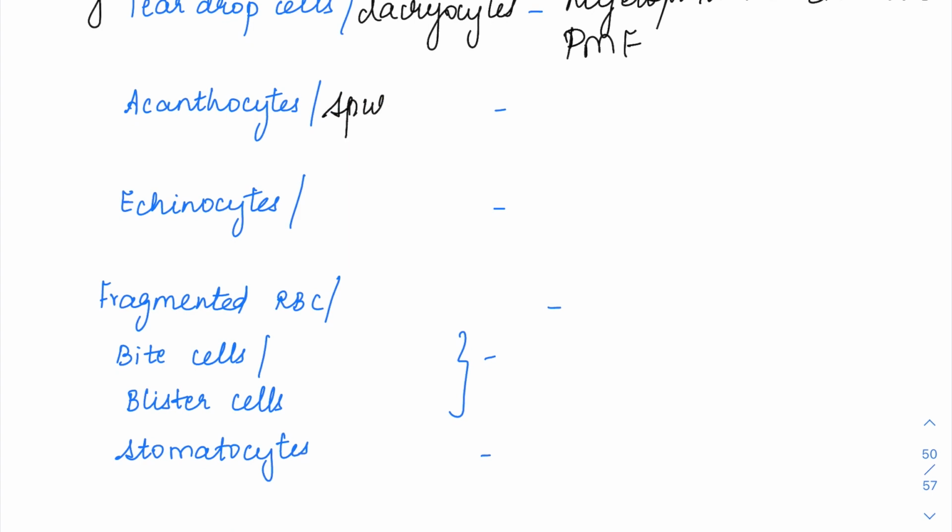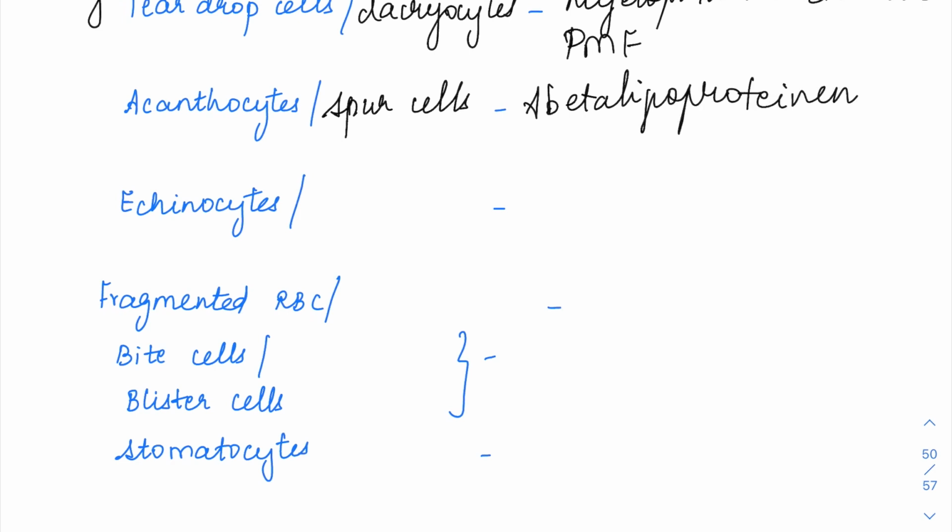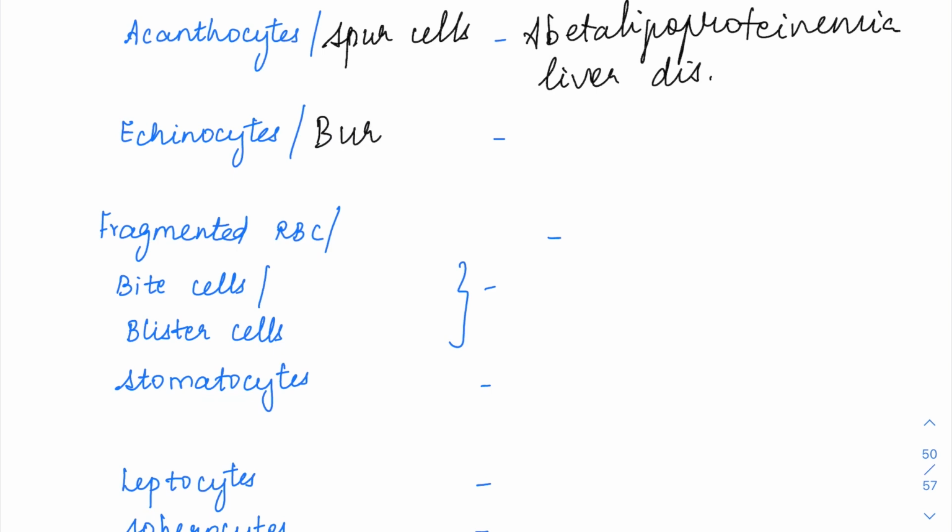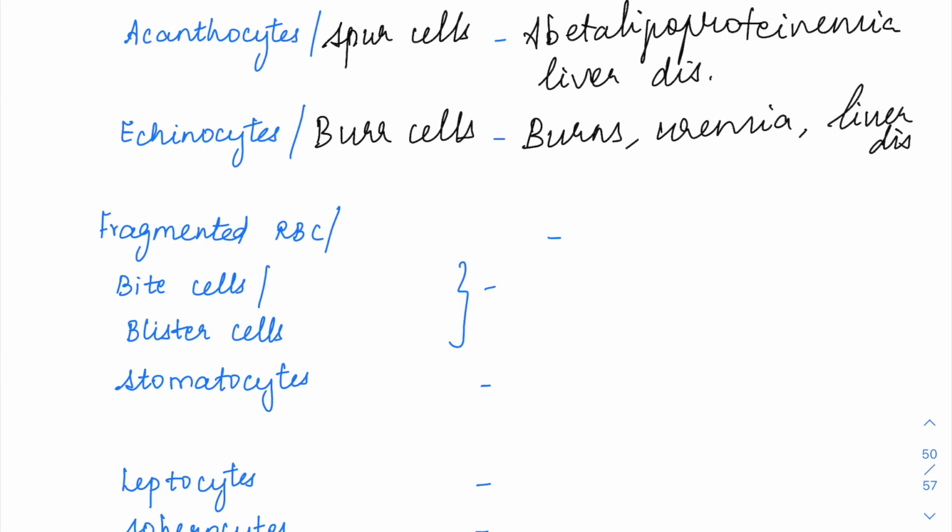Acanthocytes, which were also called as the spur cells, seen in abetalipoproteinemia and also in other liver disorders as well. Then echinocytes are Burr cells, seen in burns and uremia, also sometimes in liver diseases as well.